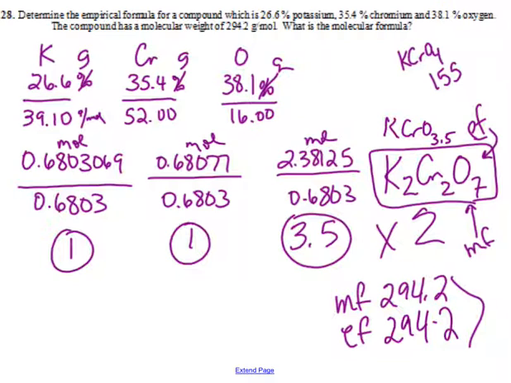Take 155 and divide it into 294. What's 294 divided by 155? What is it? Yeah, you got a 2.5 for a difference between an empirical and molecular formula? You can't do that. So that's when you tell yourself, I made a mistake somewhere, and you go back and redo that empirical formula. When you divide these two numbers, they need to be dead on a ratio, like a 2 or a 3 or a 1 or whatever, a multiple.